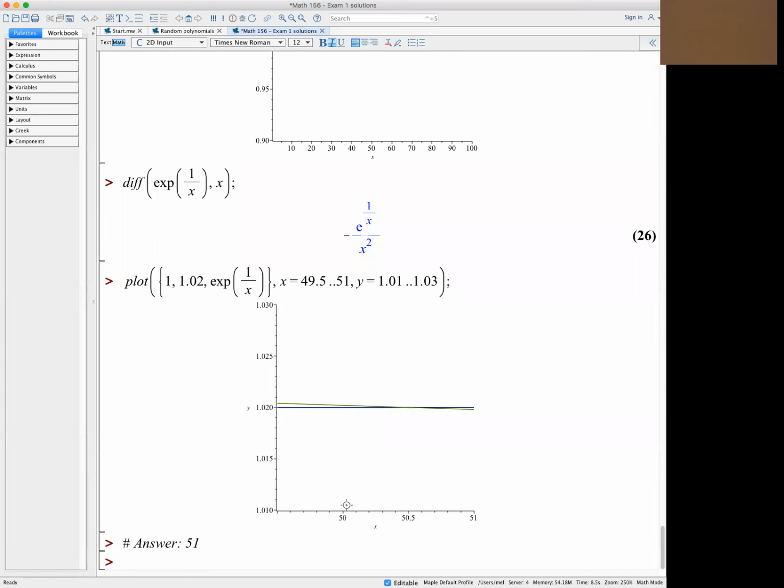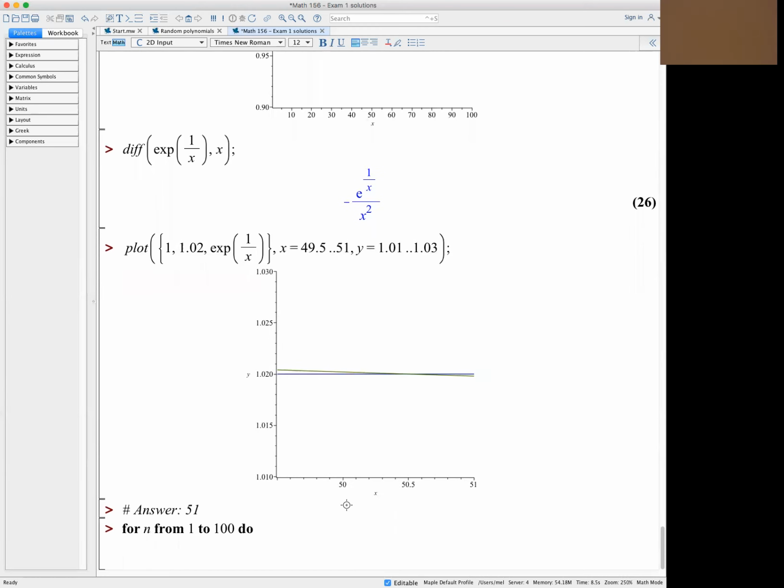Now, there's also another way to do this, writing a program. So maybe we'll guess that the number is going to be between 1 and 100. So let's say for n from 1 to 100 do, put in my n, and let's put it like this.